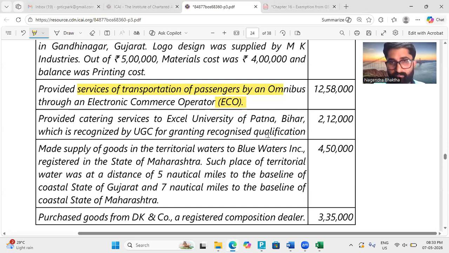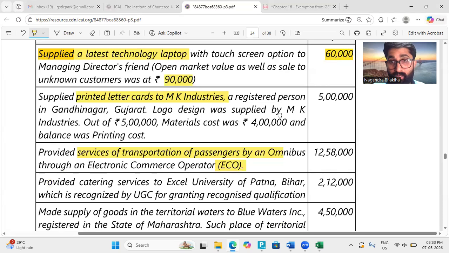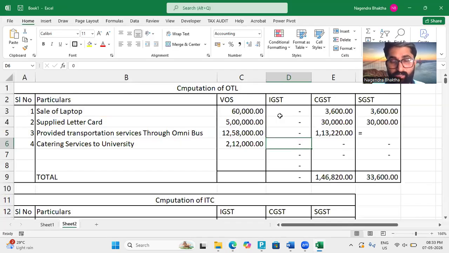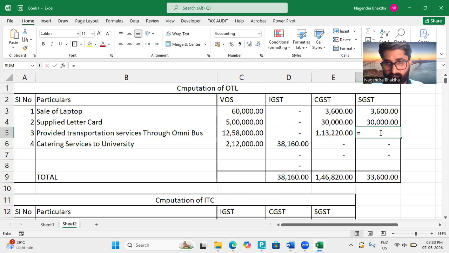Bihar. What is the place of supply? From Gujarat to Bihar, so it is IGST. Don't miss this point. IGST it is. And how much is the tax? Is equal to this into 18%. Okay. 38,160.